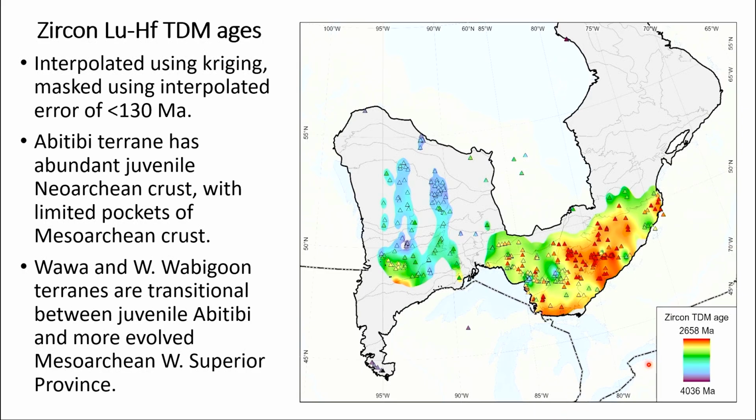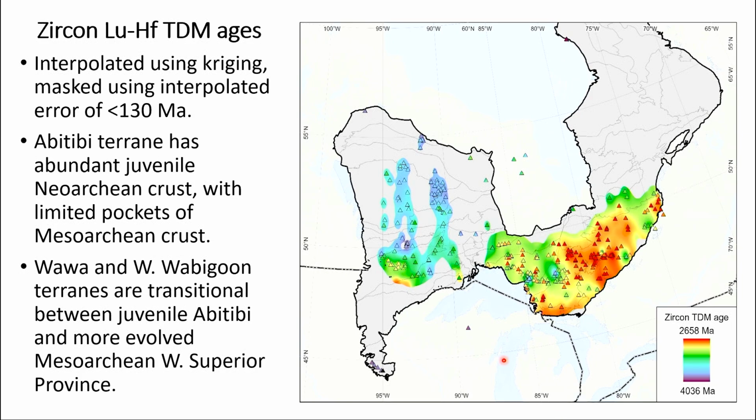So these are the zircon hafnium depleted mantle model ages, which have been interpolated using kriging, and we've applied a mask using interpolated errors greater than 130. So any interpolated errors greater than 130, we've cut those out just to give you the highest confidence interpolation map.